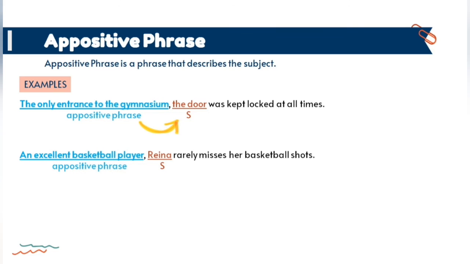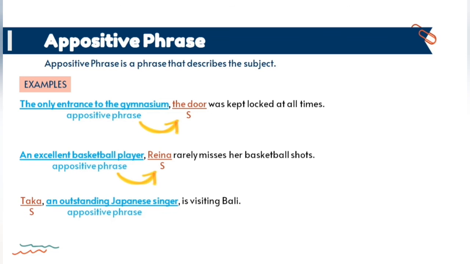Kemudian, an excellent basketball player, Reina, rarely misses her basketball shots. In this sentence, an excellent basketball player is an appositive phrase that describes the subject, Reina. And the last, Taka, an outstanding Japanese singer, is visiting Bali.